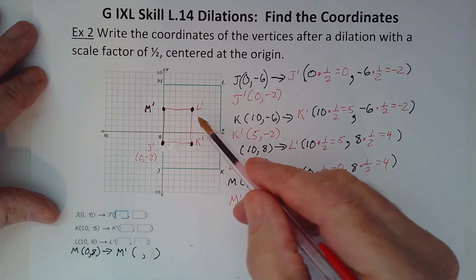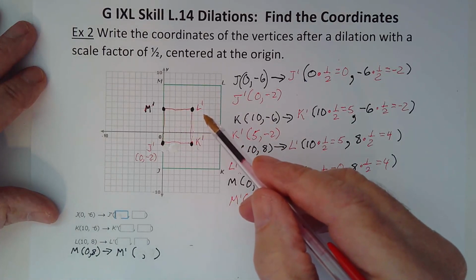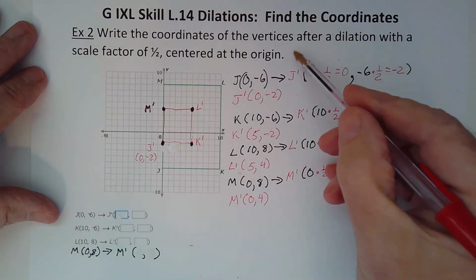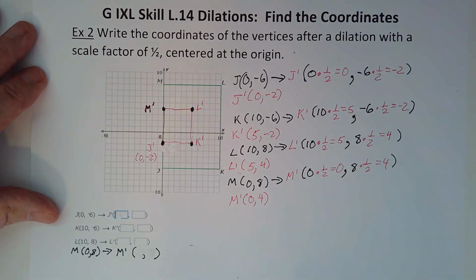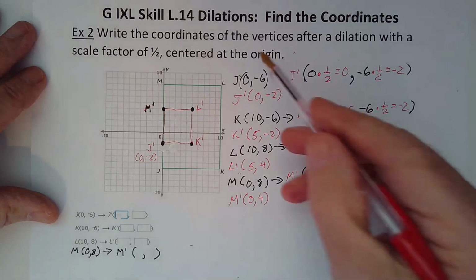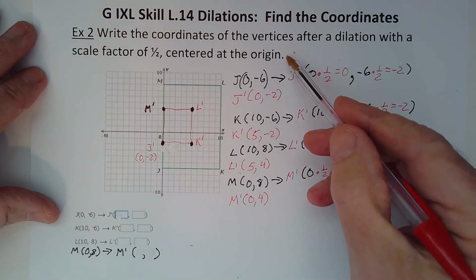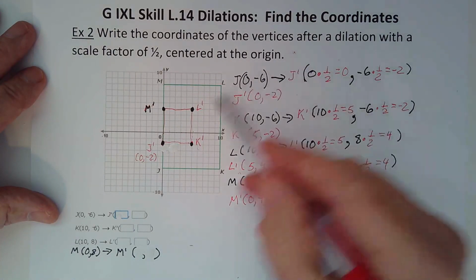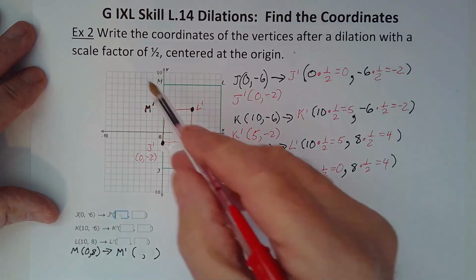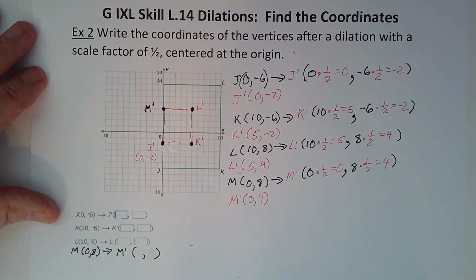So again, you're seeing the phenomenon that says your dilation factors, from the vertices of the preimage to the image, go through the origin, and you're going to see that with all the other points as well.